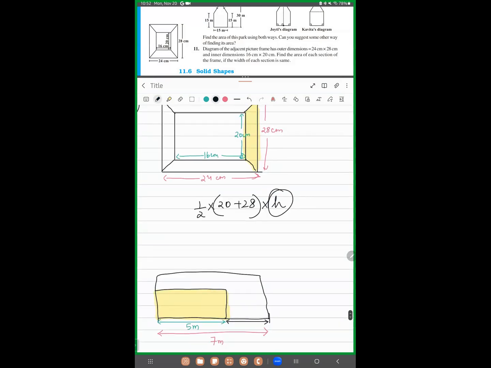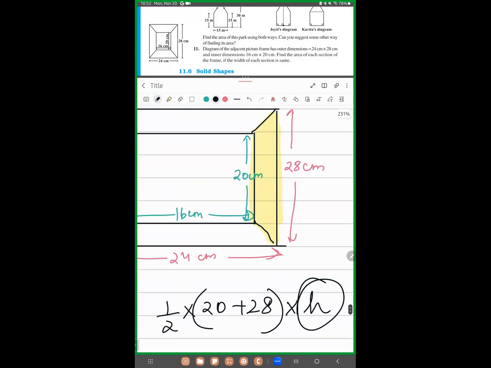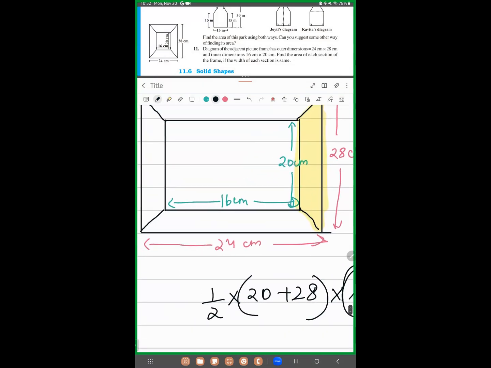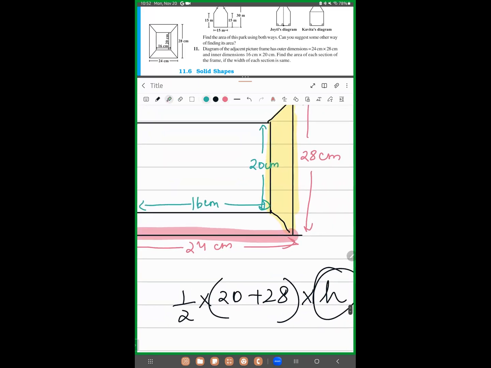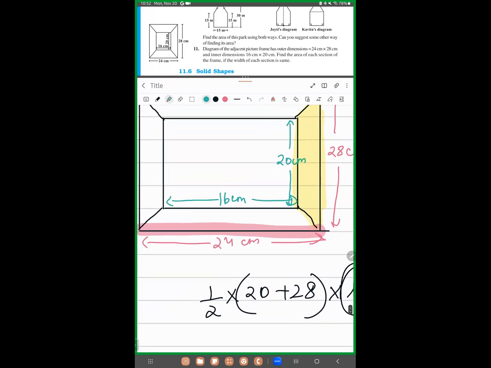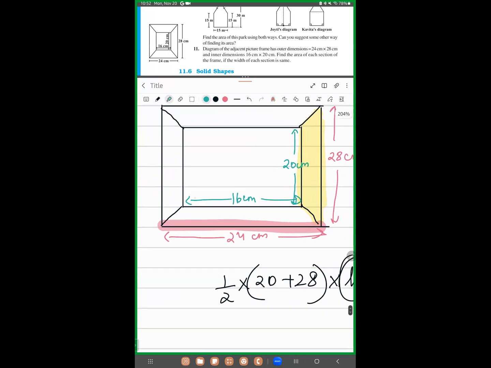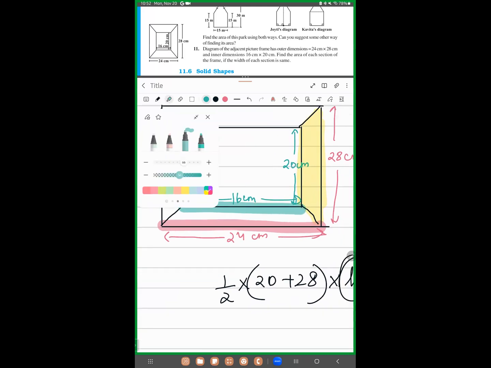The same thing, can you look at this and tell me that now this much is 24? Till here it is 24 and till here it is 16. So what portion is left behind?